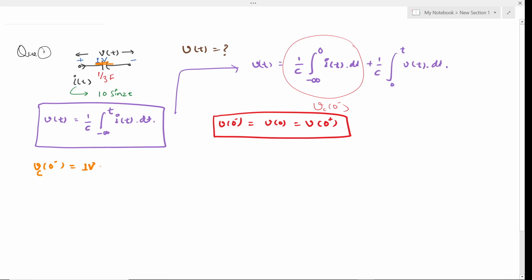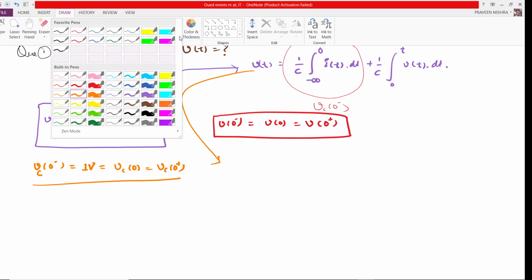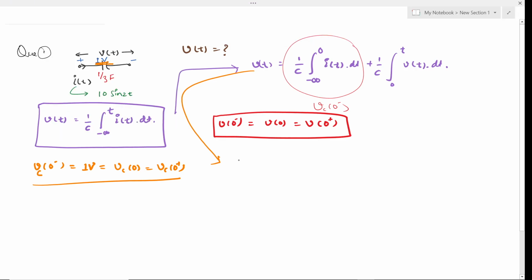And as per the property of the capacitor, Vc(0 minus) is equivalent to Vc(0), which is equivalent to Vc(0 plus). So while we calculate the voltage across the capacitor, we have to put in all these values: Vc(0 minus) is mentioned as 1 volt.